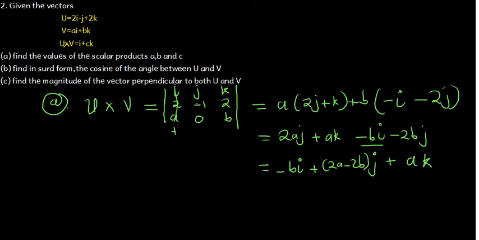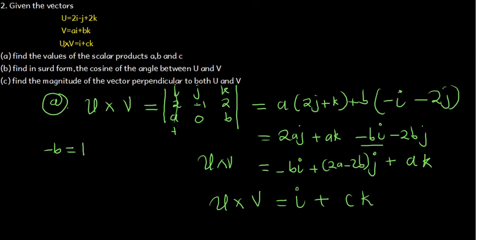So this is the cross product u times v, and we've been given that the cross product u times v is equal to that. u times v is also equal to i plus ck. So I'm going to start equating the coefficients. The coefficient of i, that is negative b, should be equal to the coefficient of i in here, which is a 1.